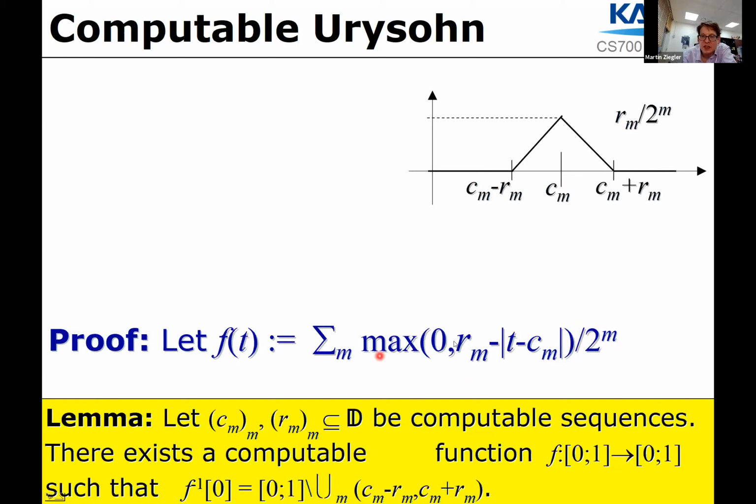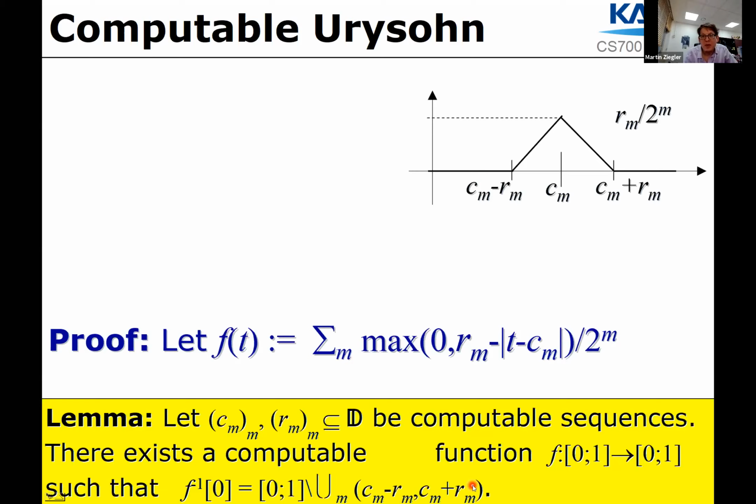It's an exponential series, and it's easy to compute, namely to approximate up to error 2 to the minus n. We only need to look at the first n terms in this infinite sum, and that's easy to compute. So for computational purposes, everything becomes finite. Okay, so that's the first part of the statement. We've constructed a computable function that vanishes outside of these open intervals.